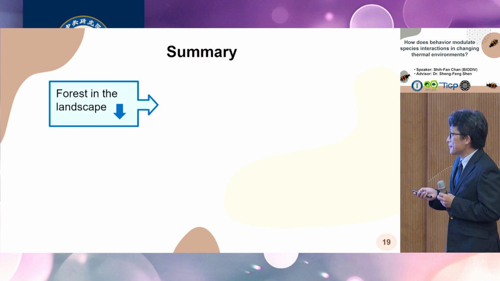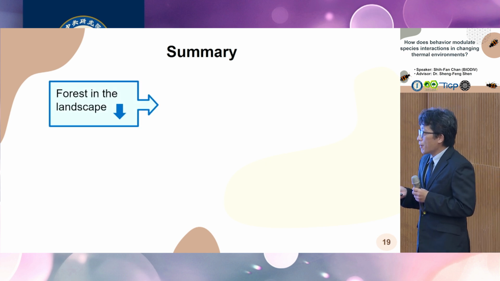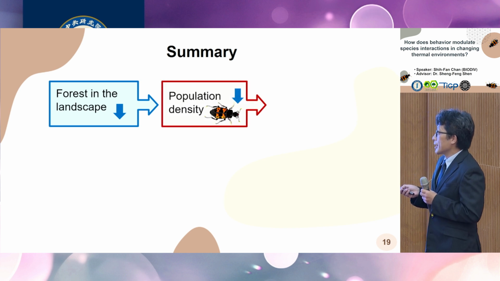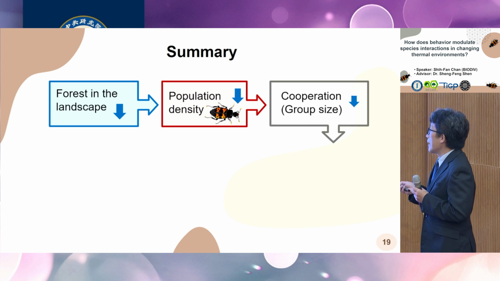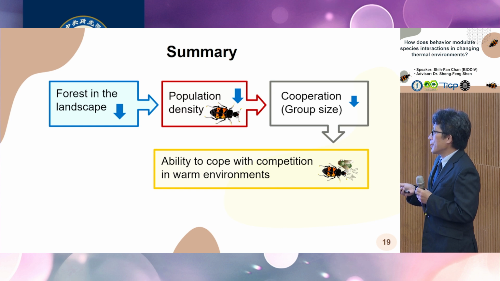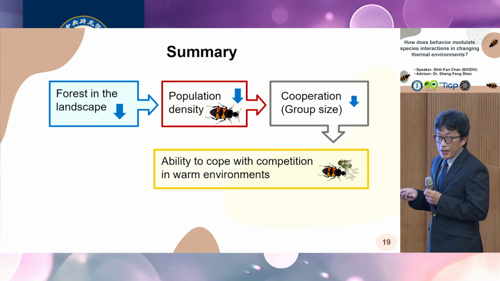So our results show that the decrease in forest in the landscape will lead to a decline in the population density of the beetle, which in turn prevents them from cooperation. Finally, it will reduce their ability to cope with the competition in warmer environments.